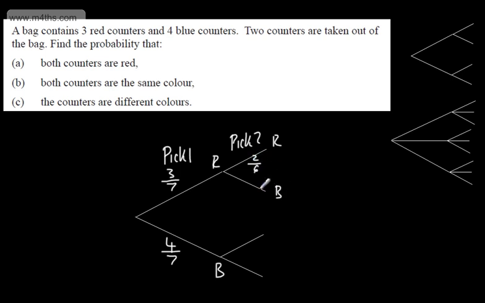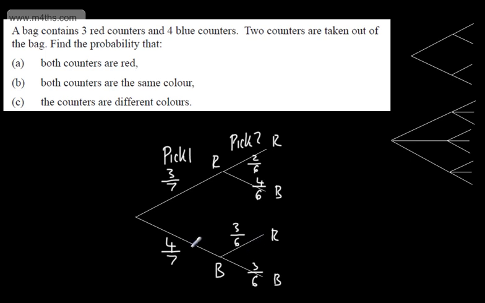If I picked a red on the first one, there are still 4 blue ones out of 6. If we now picked a blue on the first one, there are still 3 red in, so we have 3 out of 6. And if we picked a blue on the first one, there are only 3 left now, so we have 3 out of 6. On the next one, we would be down to a denominator of 5.